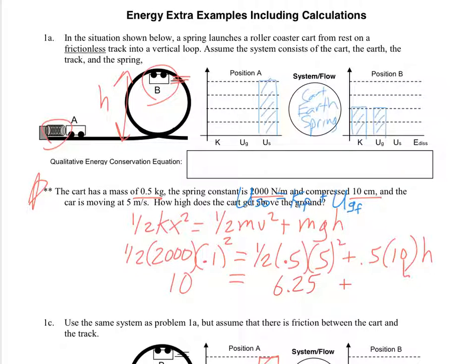We're going to do 10 minus 6.25, so there has to be 3.75 joules of gravitational potential energy. Then 0.5 times 10 is 5, so we can solve for our h. When I divide by 5, it gets me a height, and our cart got to 0.75 meters above the ground at its highest point.